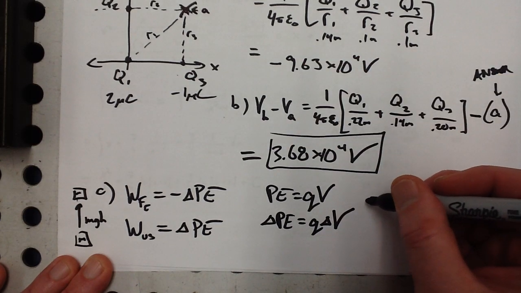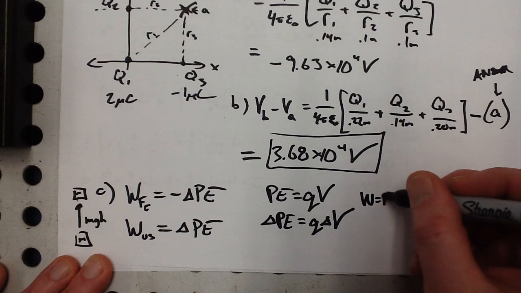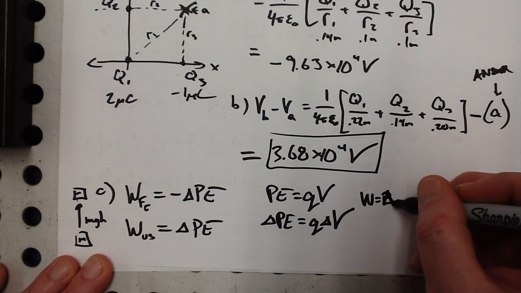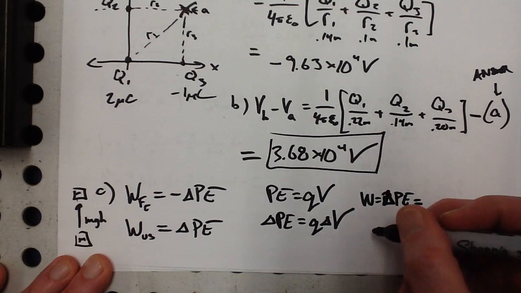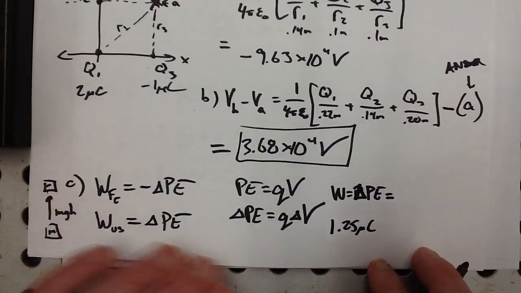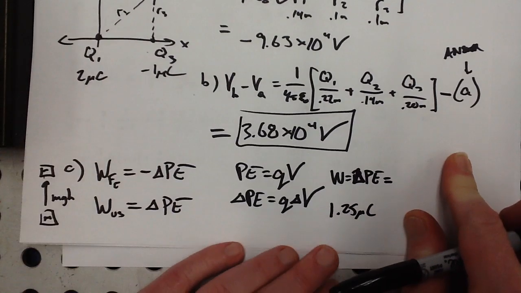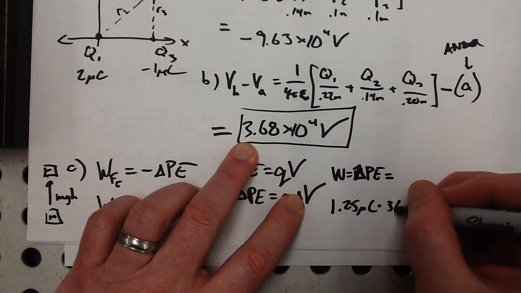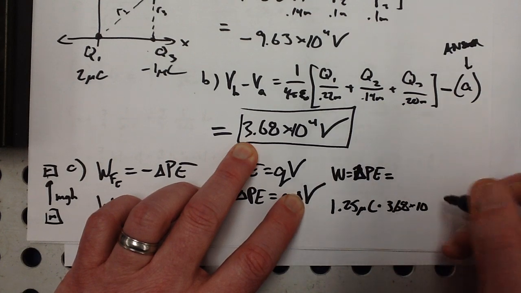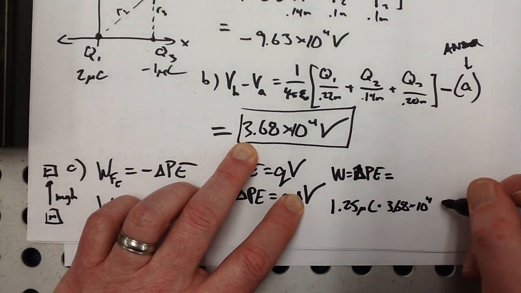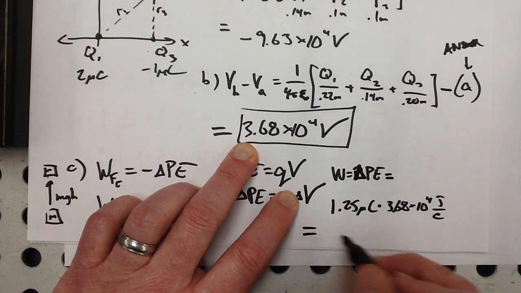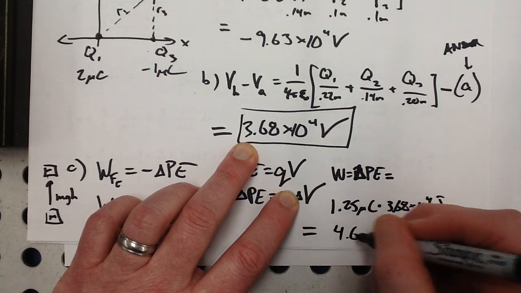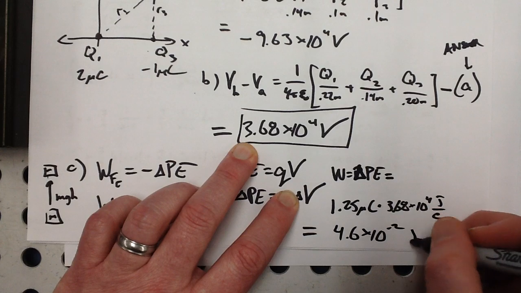So the change in potential energy, which is the work that we're interested in, is just equal to Q, our charge, which was 1.25 microcoulombs, times the potential difference, 3.68 times 10 to the fourth. That's volts, but that's the same as joules per coulomb, right? So you can see there that we are going to get units of joules, and that's about 4.6 times 10 to the negative second joules.